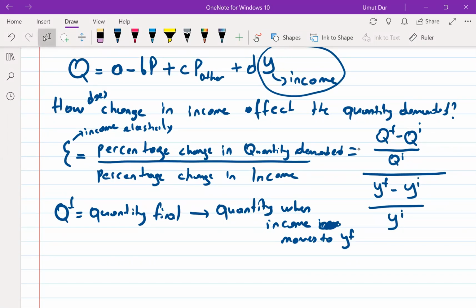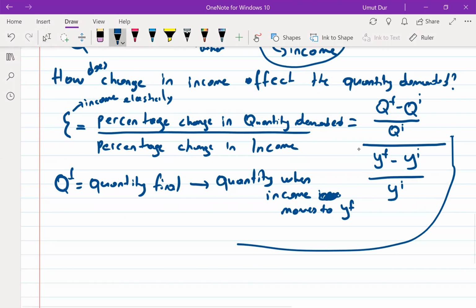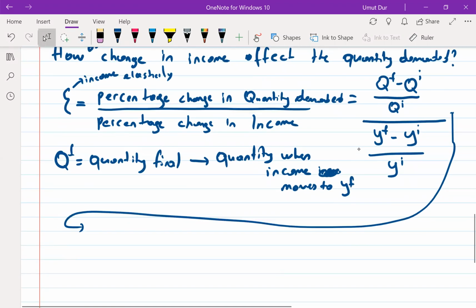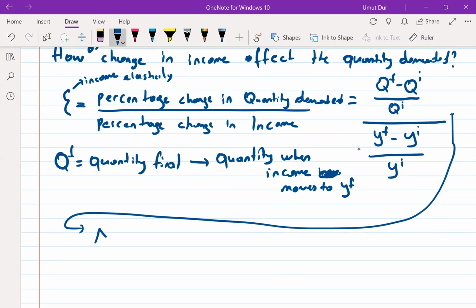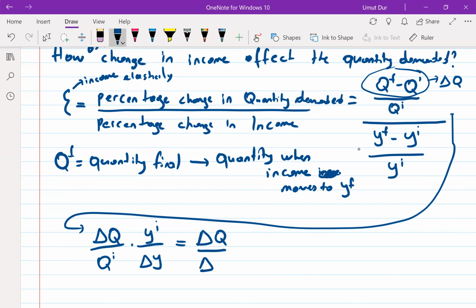So if I write this part clearly, the numerator is delta Q over Q initial, times Y initial over delta Y. With this arrangement, delta Q over delta Y times Y initial over Q initial.